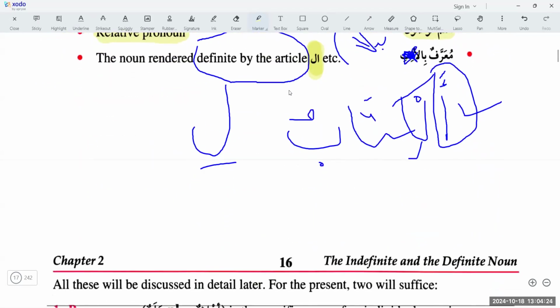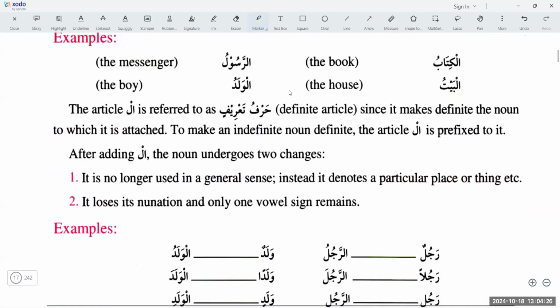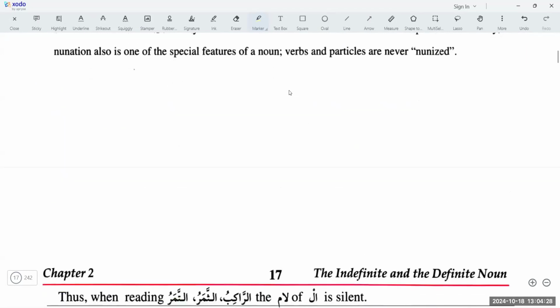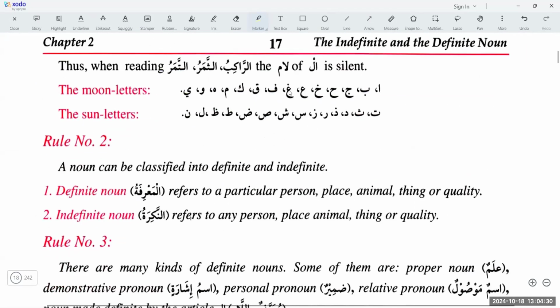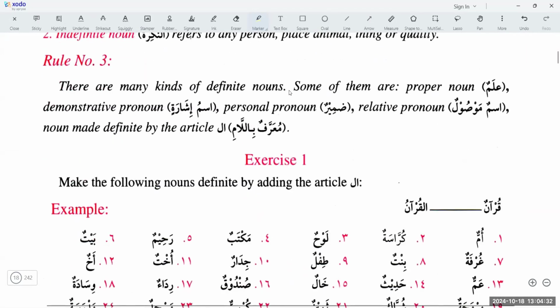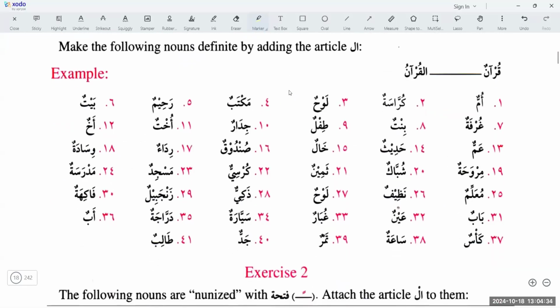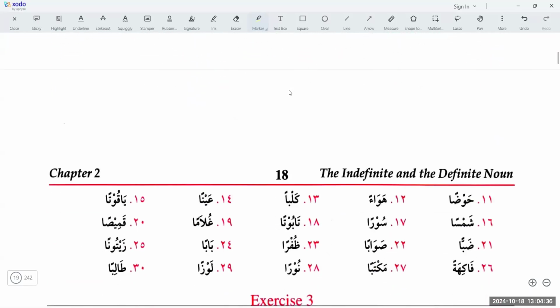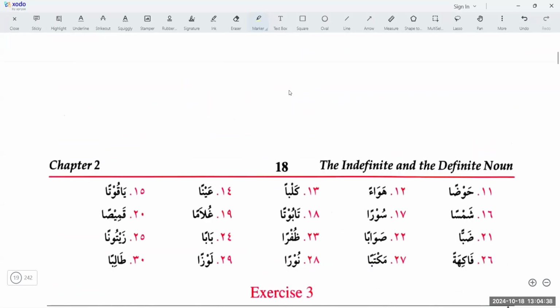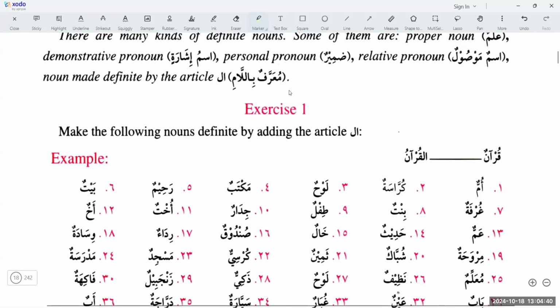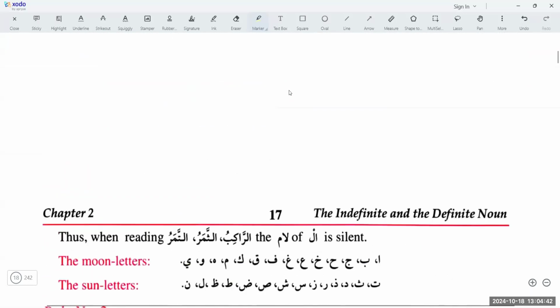Yes, we are going to learn about the pronouns as well. Tomorrow we will learn about this. All pronouns. There will be a lesson, so we will learn. Okay, inshallah, thanks. You are welcome.